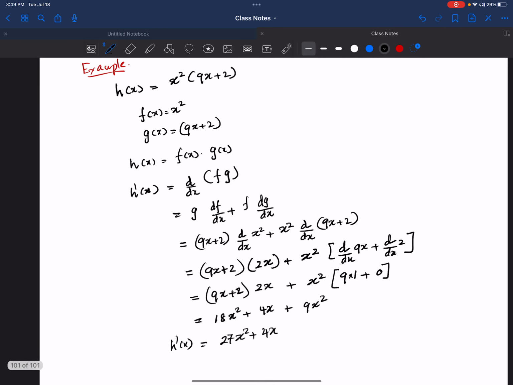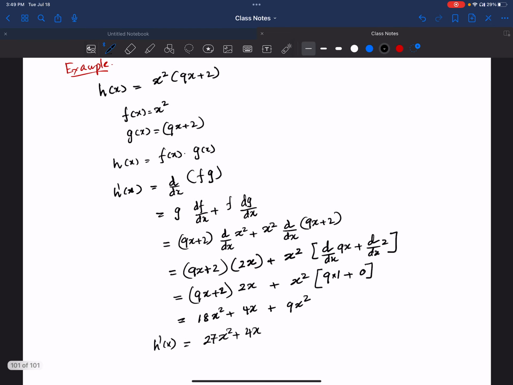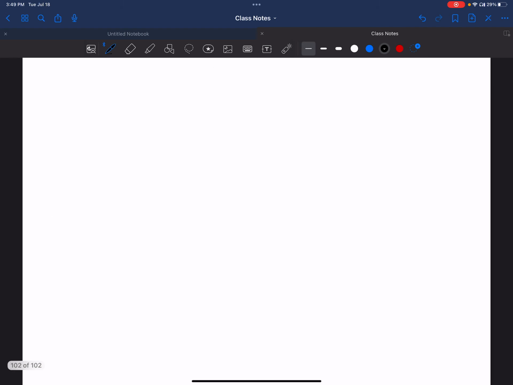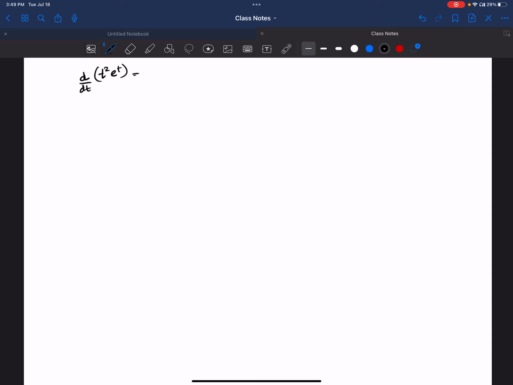Okay. So that's how you use the product rule. Let's take another example. We have d over dt of t squared e to the power t. So two functions are t squared and e to the power t.